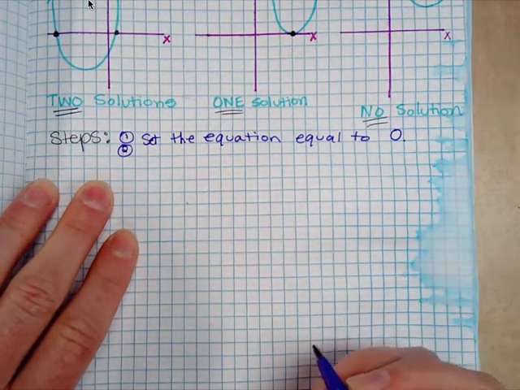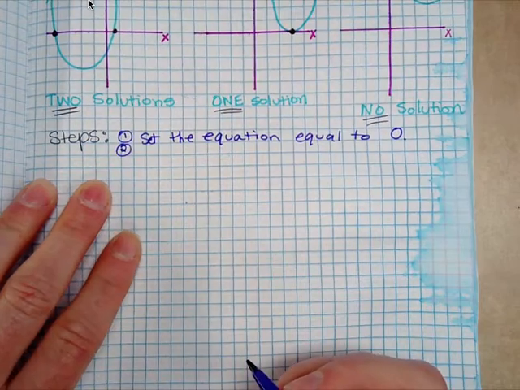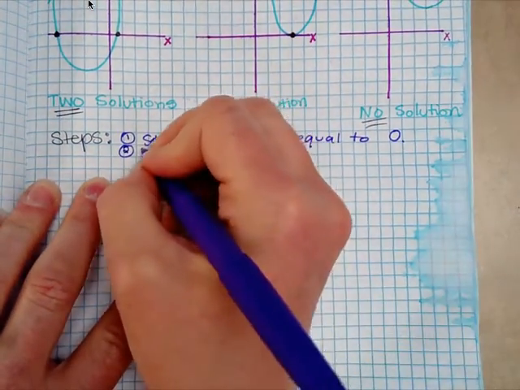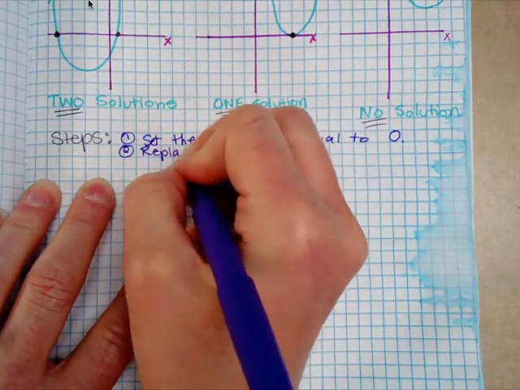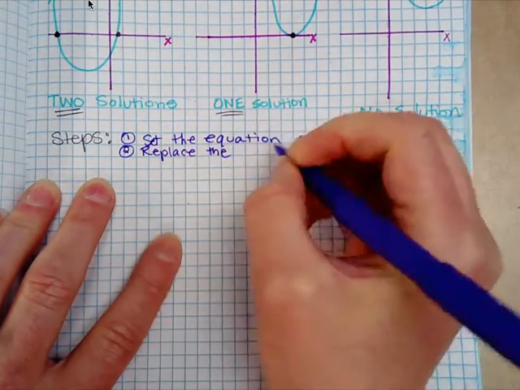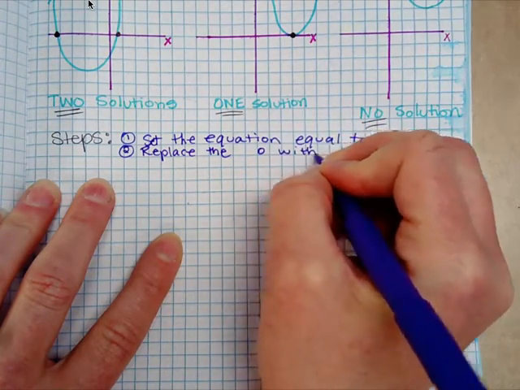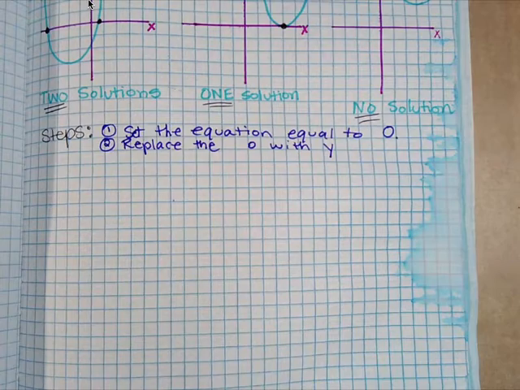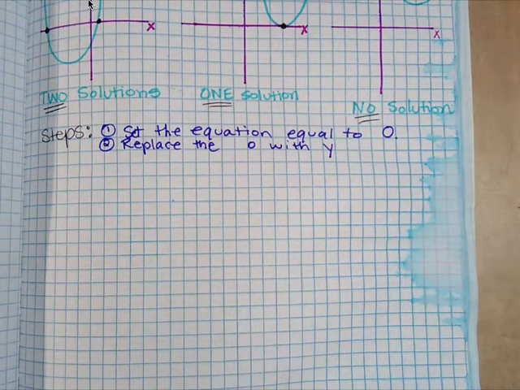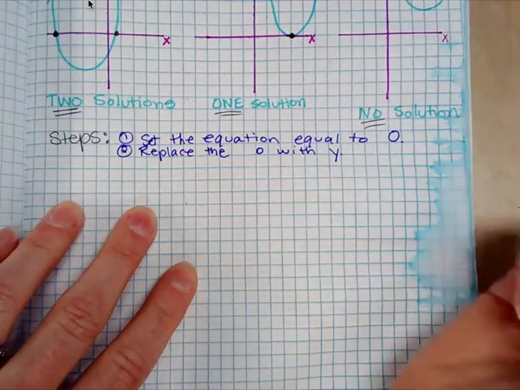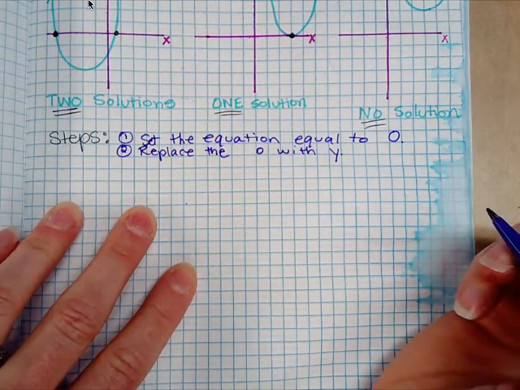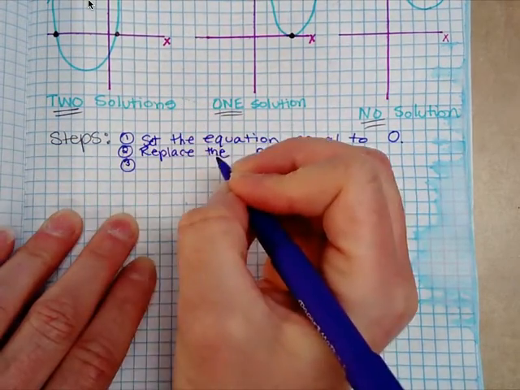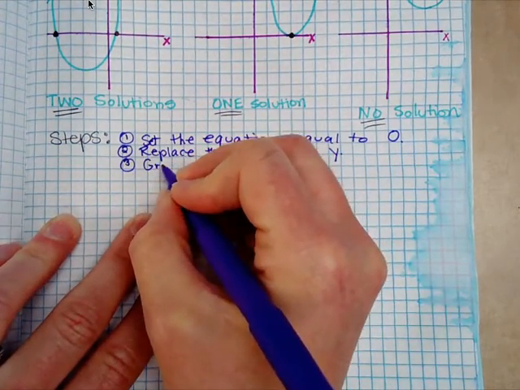Step 2, after you set it equal to 0, you're going to replace the 0 with y. So that way you have an equation, y equals. So instead of 0 equals something, it's going to say y equals whatever the function is. You'll see it on our first example.